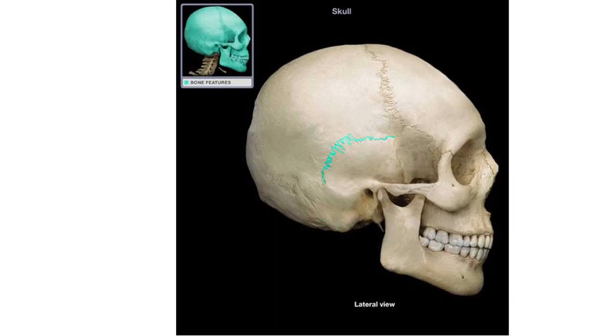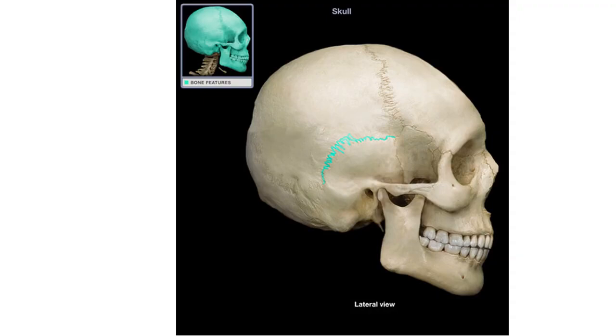Now you know where the temporal bone is, and if you go up, you are going to find the parietal bone, and you can see this suture between this part of the temporal bone and the parietal bone. The temporal bone has several parts.